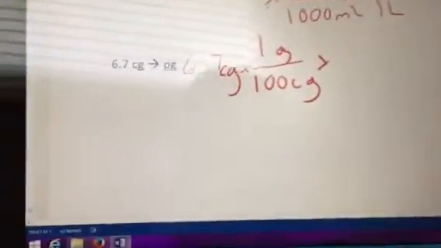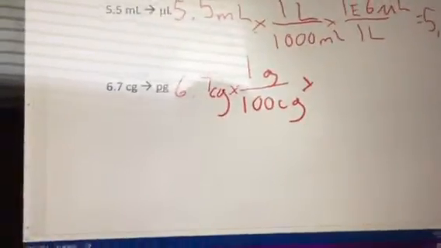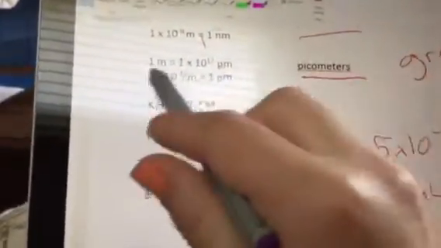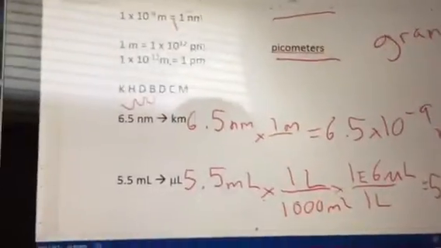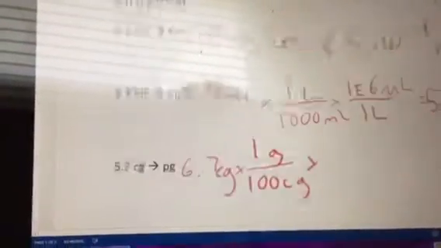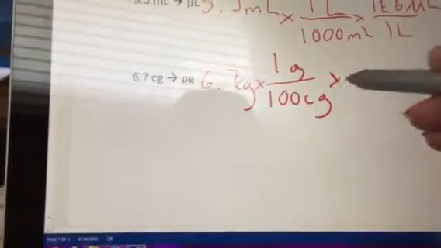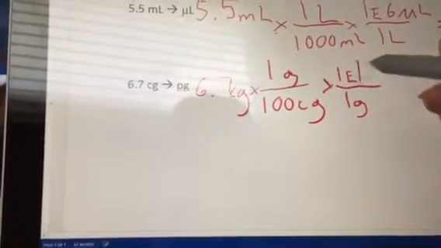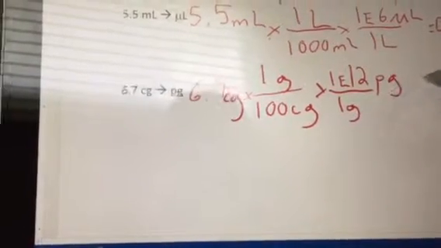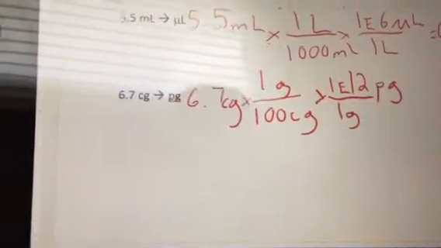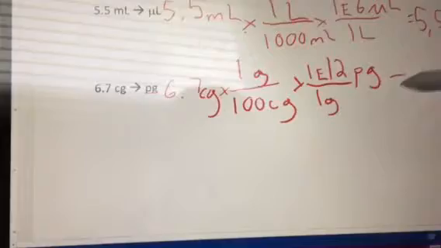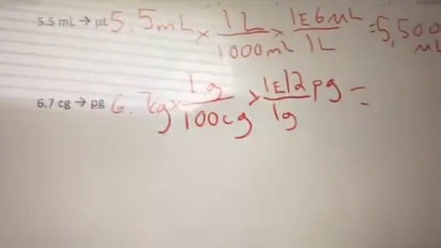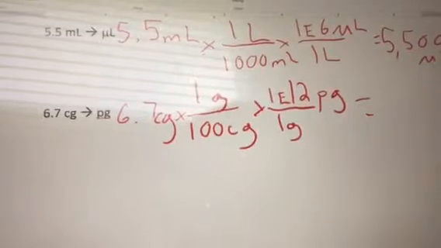If I go up and look at my conversion factors, 1 meter equals 1 times 10 to the 12 picometers. So 1 gram equals 1 times 10 to the 12 picograms. Remember, this E that I'm using is the same as times 10. I don't have a lot of room to write on the screen, so I'm using the E. But it doesn't matter which one you use either.